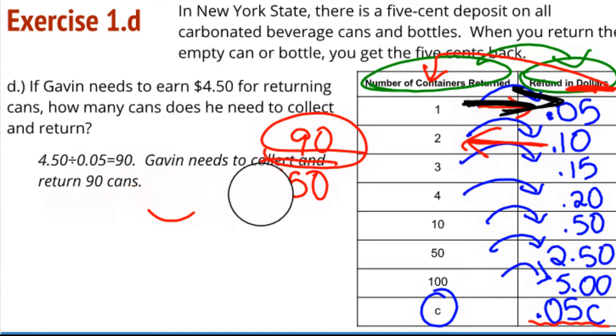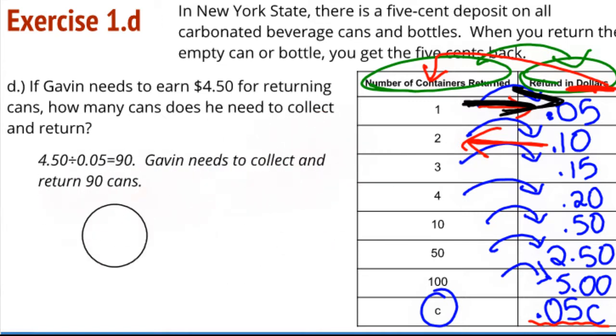Once again, I want to emphasize, point out, that I am thinking about the patterns and relationships within the table. Going this direction was multiplying, going this direction was division. Now it's at this point that we must not allow ourselves to get fooled and think, oh, it's always multiplication when we go left to right, and it's always division when we go right to left, because that's not true.